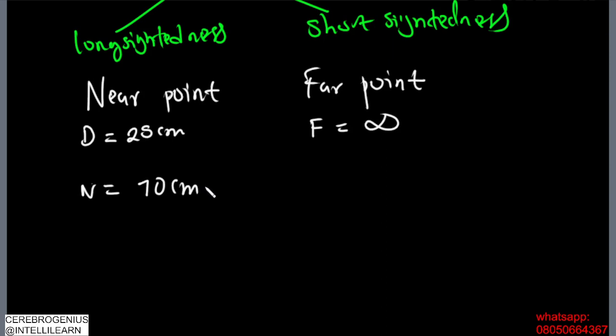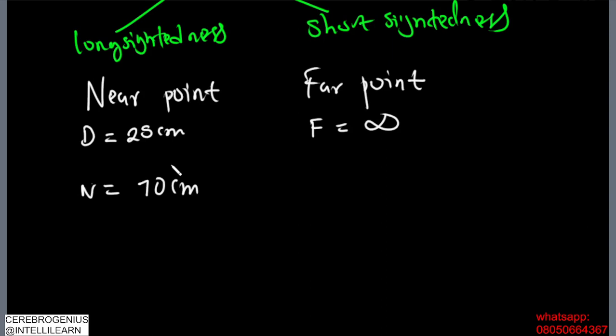You can see that when the object is very far from the person, the person can still see it. But when the object is now within 70 centimeter, the person can no longer see it. And that's supposed to stop when the object is at 25 centimeter, but that person's vision has already stopped before getting to where it is supposed to be. So what are we going to say? We are going to say that this person is what? Long-sighted. This person is not short-sighted.